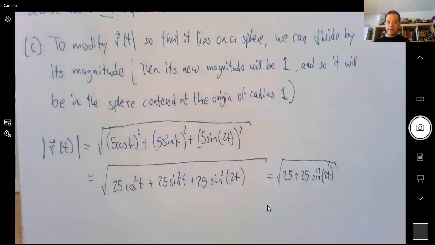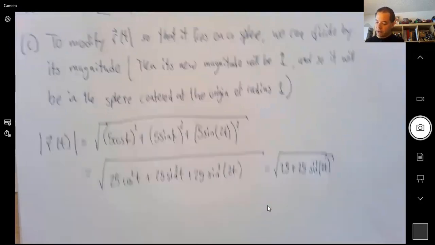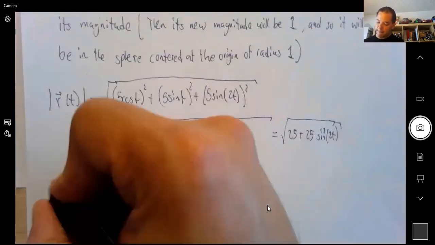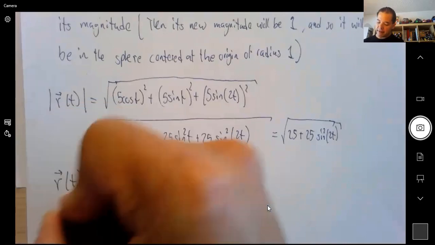So we can divide everything by that. The new function we can do is R of t divided by its magnitude.